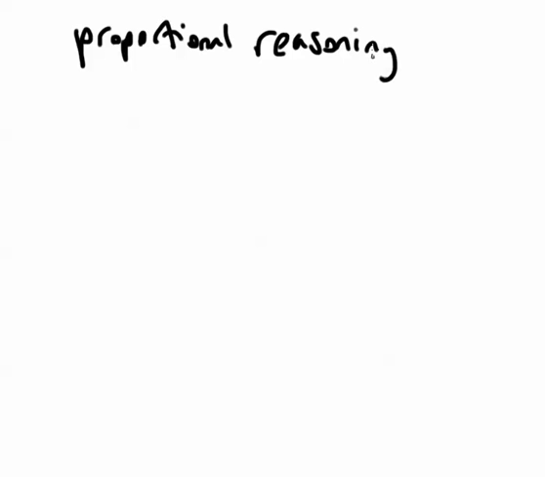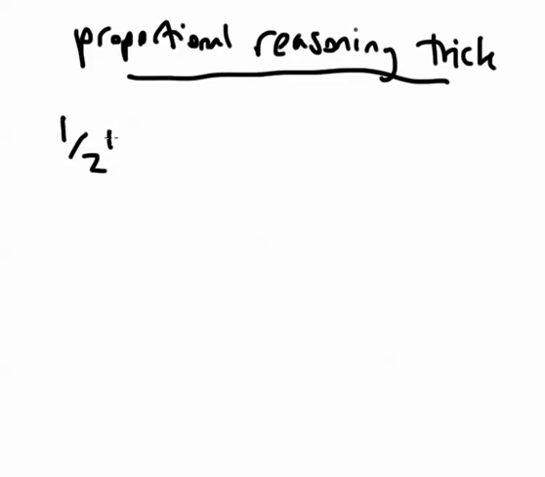So this is what I'll call the proportional reasoning trick. How this is going to work is I'm going to take the formula 1/2 mv squared, and I'm going to set everything in it to 1.